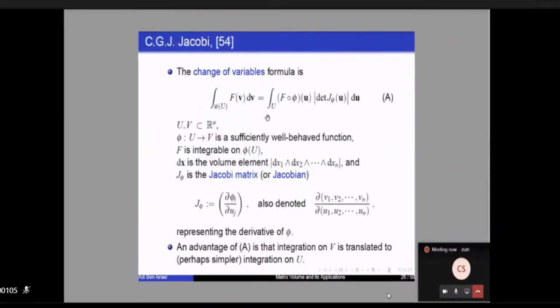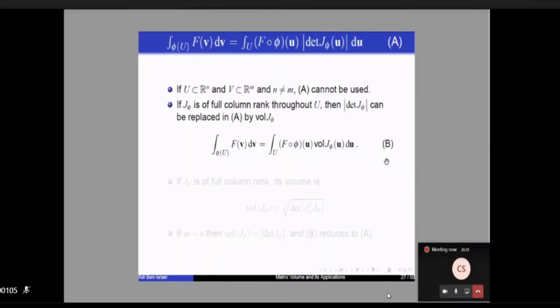Now, if U and phi(U) are in spaces of different dimensions, then we cannot use A because the Jacobian is not square. However, if the Jacobian has full column rank throughout U, then we can replace the absolute value of the determinant by the volume and get this formula, which is the change of variables formula for integration between spaces of different dimensions.